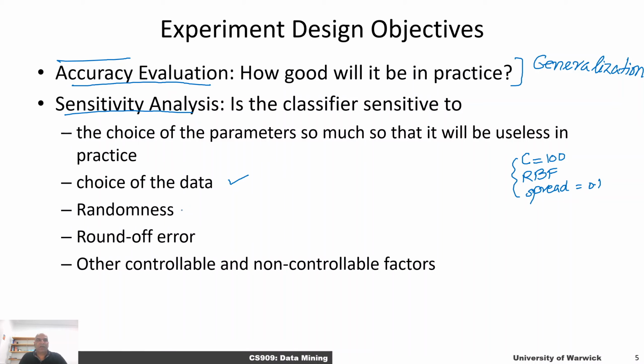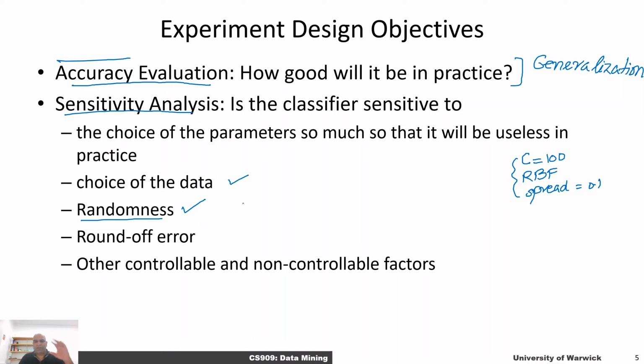Some classifiers can be affected by randomness. You run them once, they work well. You run them the next time, because they have some inherent randomness, especially neural networks that we're going to talk about in the rest of this module, they can give you very different results when you run them different times. And we don't want classifiers to be too sensitive to randomness.